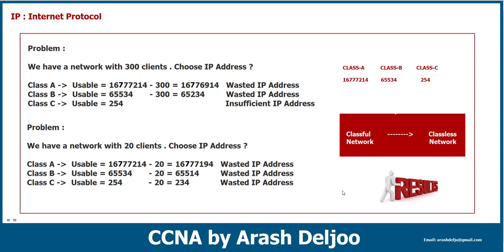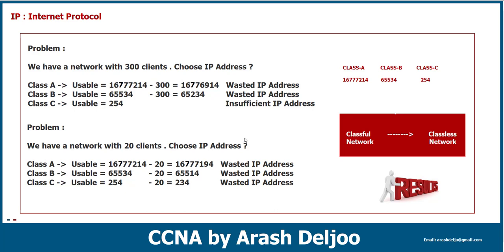Which means respectively 24 bits for host, 16 bits for host, and 8 bits for host, and it is not a good choice. We are using the classless network rules in our networks. I will show you how you can use these rules and what a classless network is.